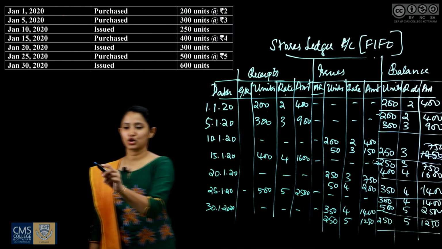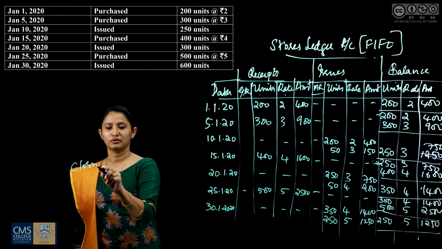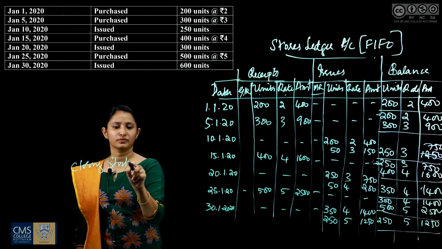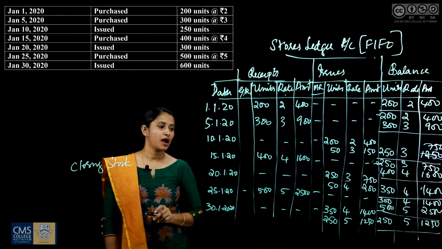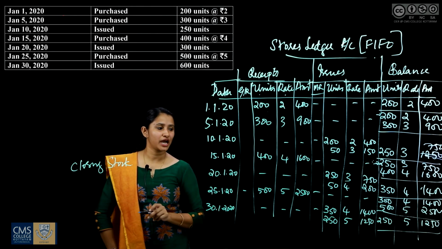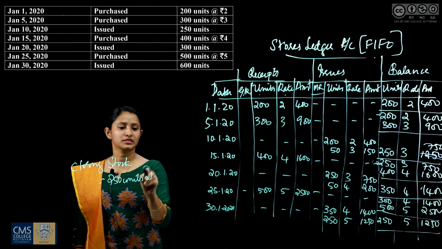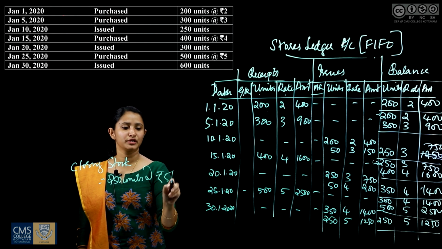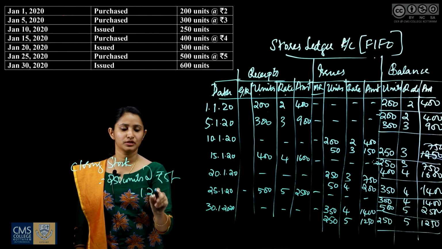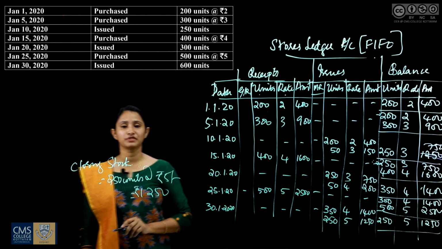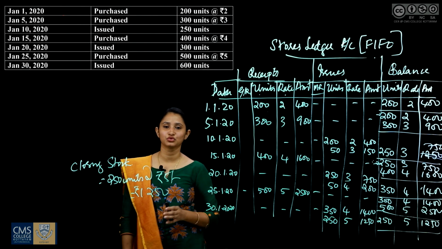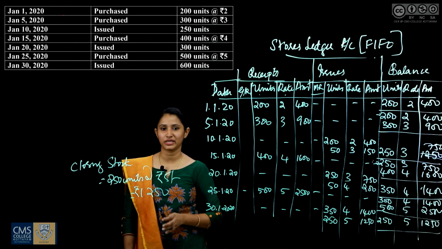That means closing stock or stock at the end of January is we have in our stores 250 units at rupee 5 per unit, and we have materials worth rupees 1,250 in our stores. So that gives you the value of the closing stock as on 30th January 2020.